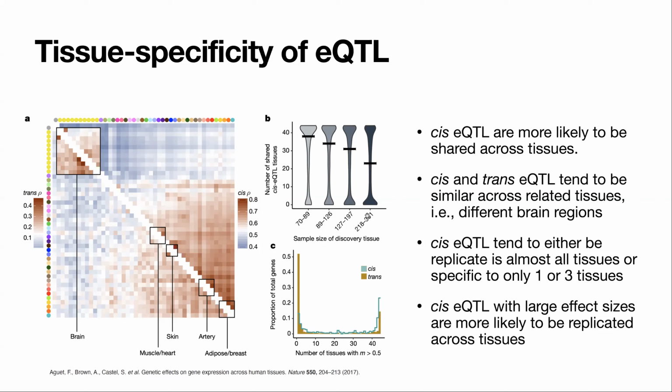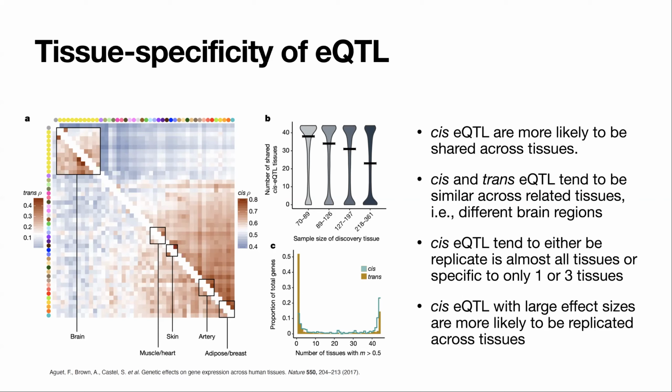The other interesting thing we see about tissue specificity is when they compared cis eQTLs to look if they were shared across tissues. One of the things that was immediately apparent is that it was a very bimodal distribution when looking at the number of shared cis eQTLs.